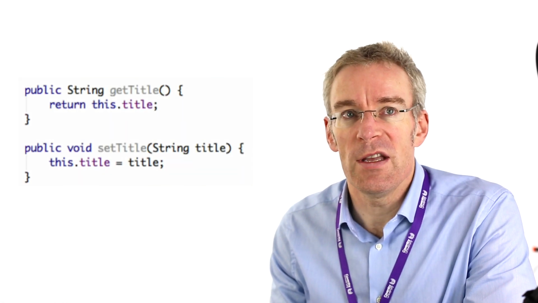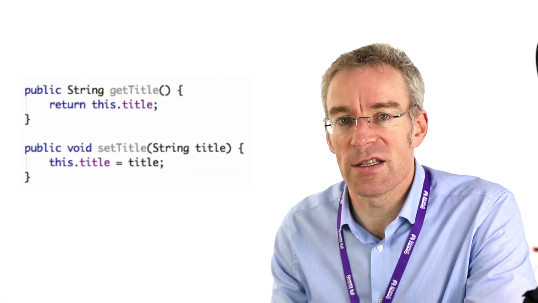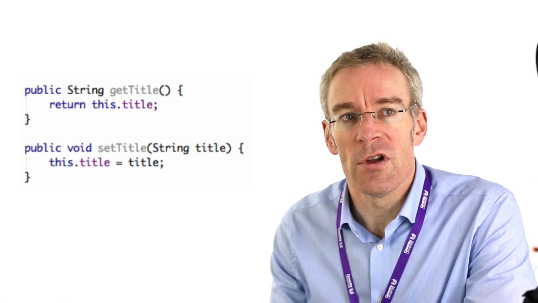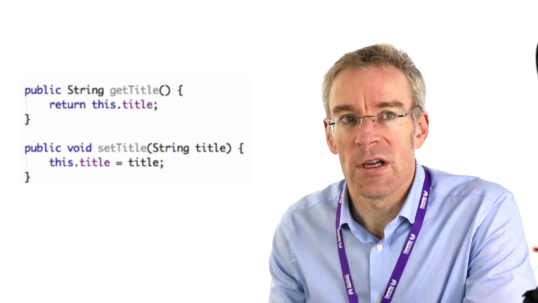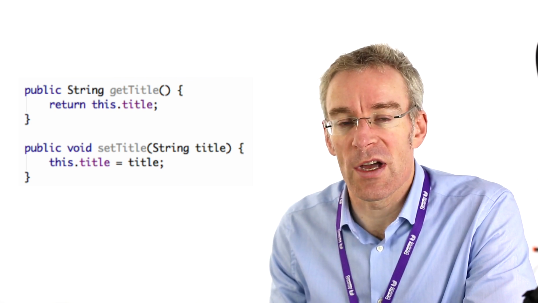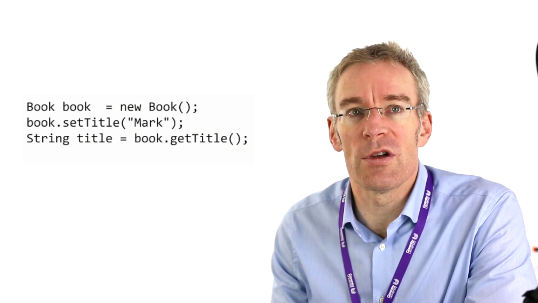Now, we need to allow access to those private instance variables, and the easiest way is to create a getter and a setter. A getter, as you can see from the example, returns the value, and a setter assigns a new value to that private instance variable. If I was to test this, I would say book equals new Book.